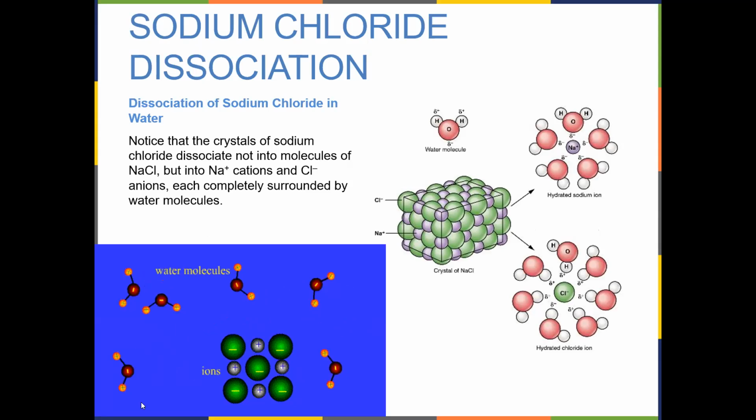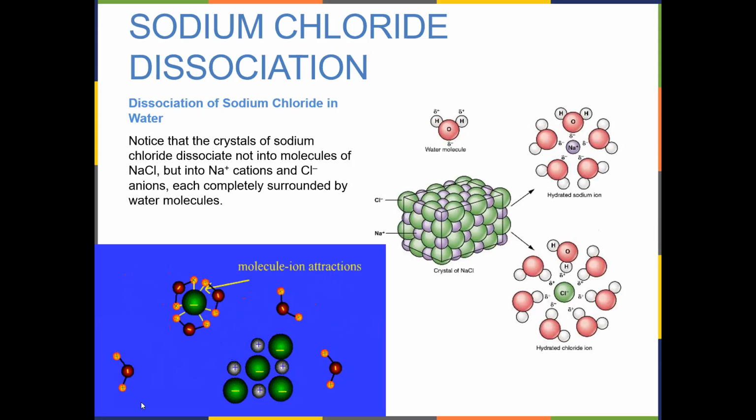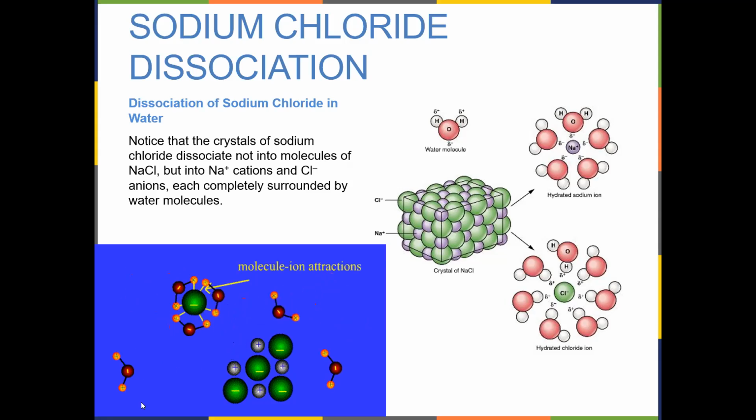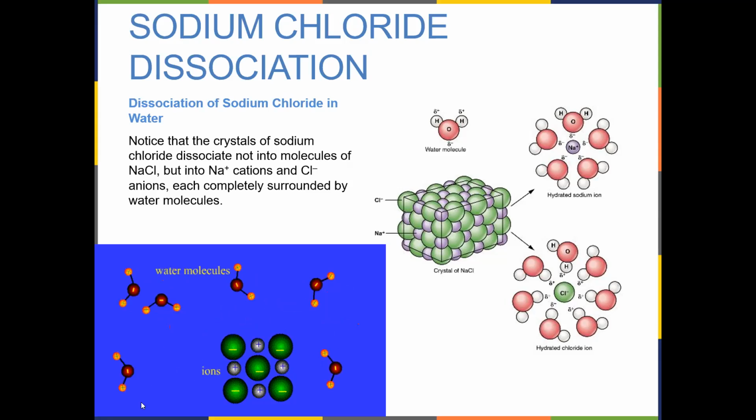And so the positive hydrogen end of a water molecule, it's a polar molecule, will grab the negative end of the salt crystal, the chlorine, and pull it away from the crystal. The negative end of the oxygen will grab the sodium and pull it away. And so all of a sudden you have all these salt crystals going into water, and the water just rips it apart, and salt will go into solution very, very quickly.